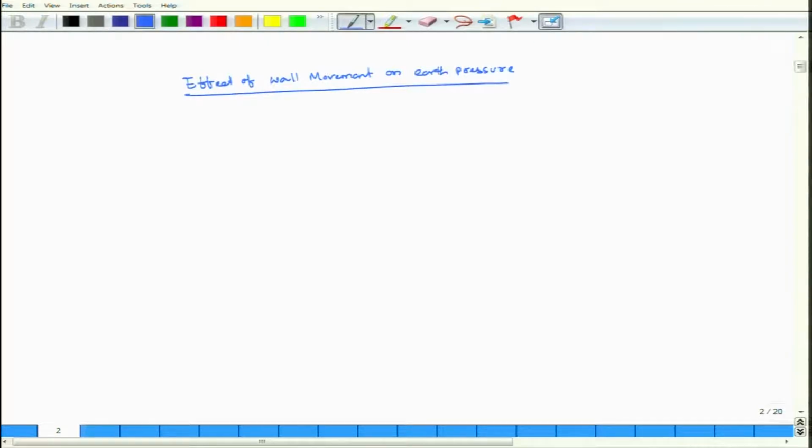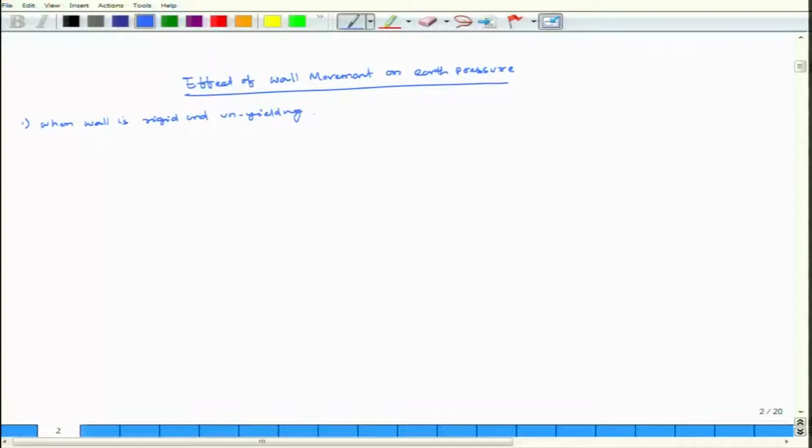Let me put it: particularly when the wall is rigid and unyielding. The retaining wall is rigid and unyielding. It is neither yielding in translation, rotation or any other mode.